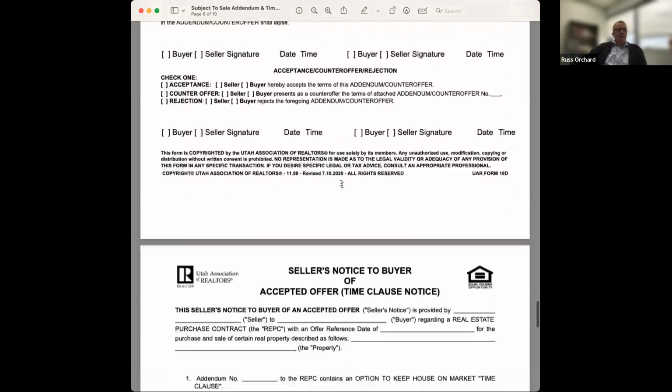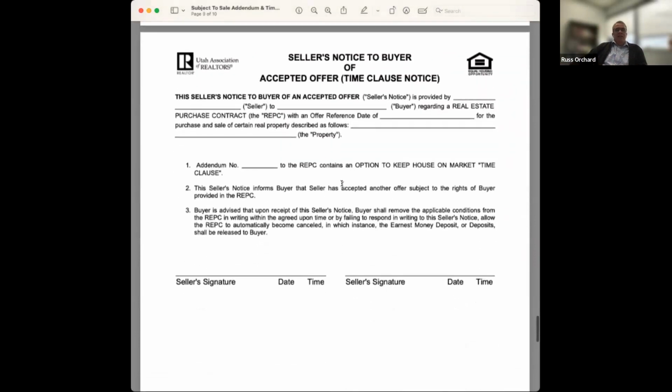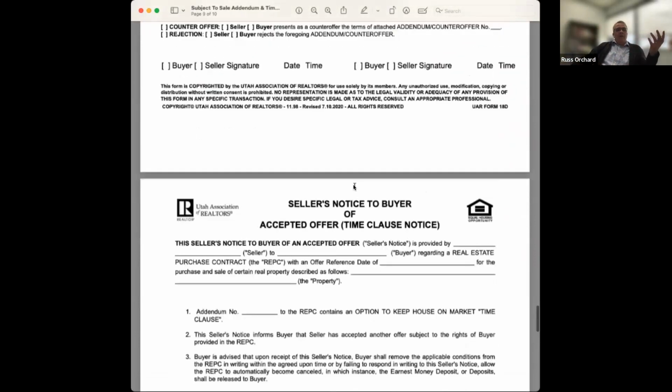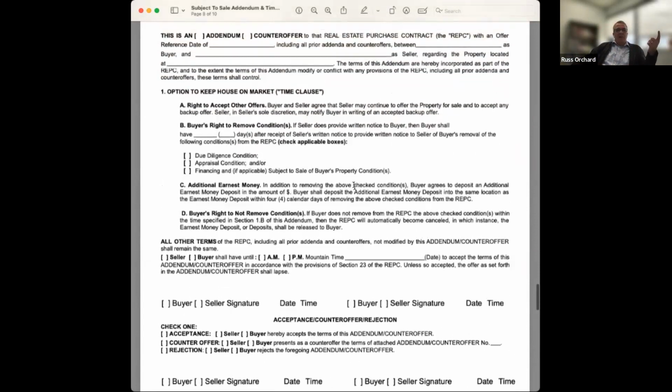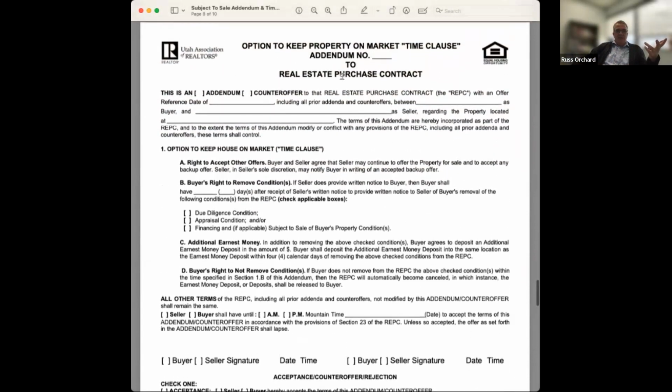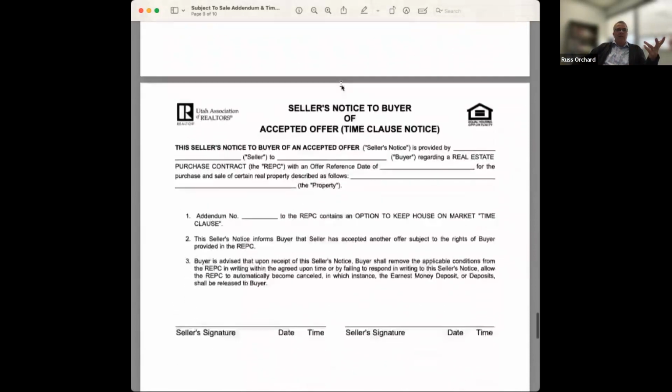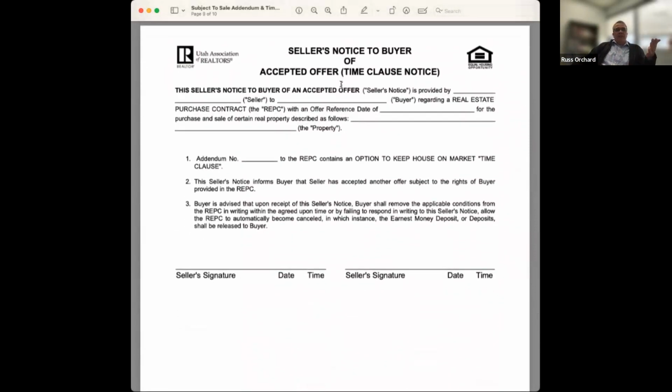All right. So next, we're going to assume now that we did the subject to the sale of the buyer's property. We now also have this option to keep the home on the market. So there is a notice from the seller to the buyer that they have accepted an offer. This would be the time clause notice.